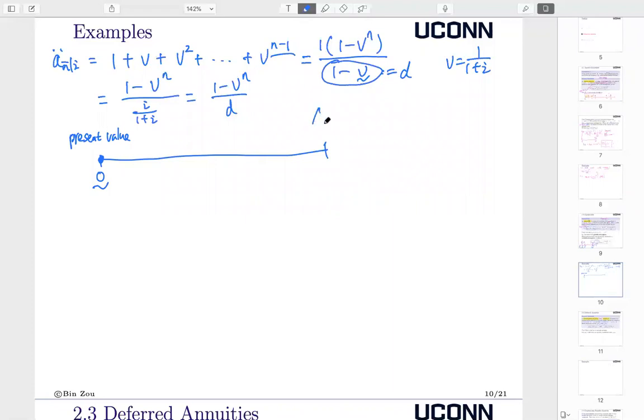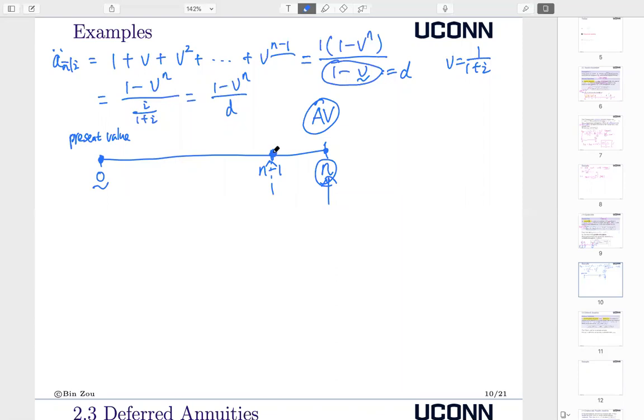And when we talk about the accumulated value, it will always be the value at the end of your sequence, which is n, although we know for the annuity due, the last payment is actually at n-1, not at n. But when we talk about accumulated value, we refer to the very last time of the entire payment sequence, okay? Because our understanding is the last payment is made at the beginning of this year.